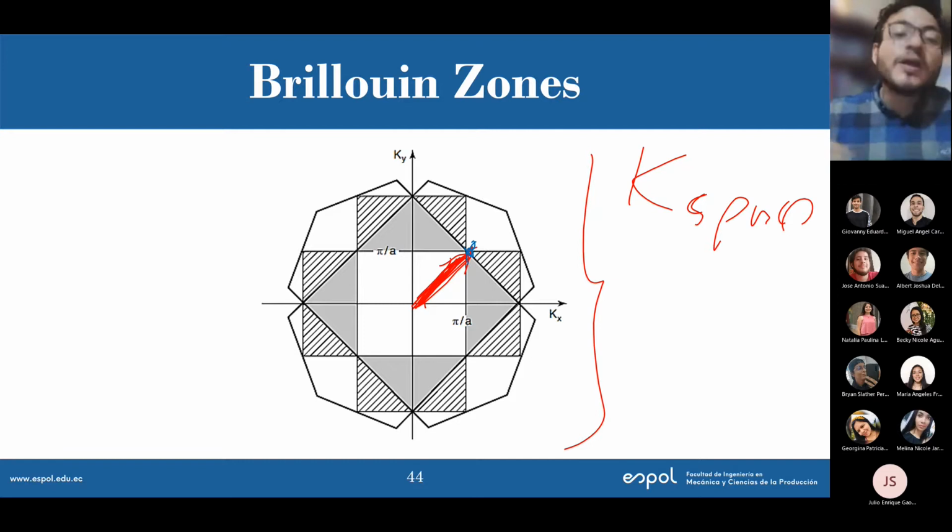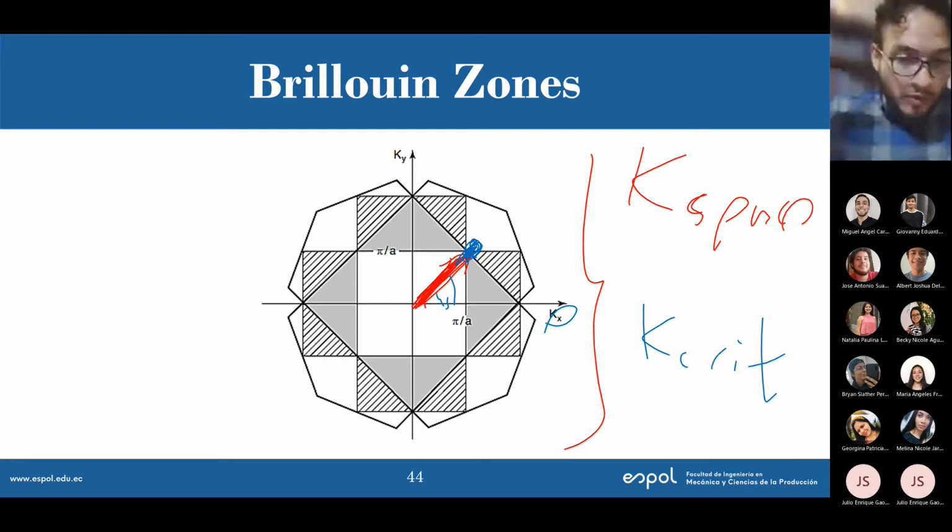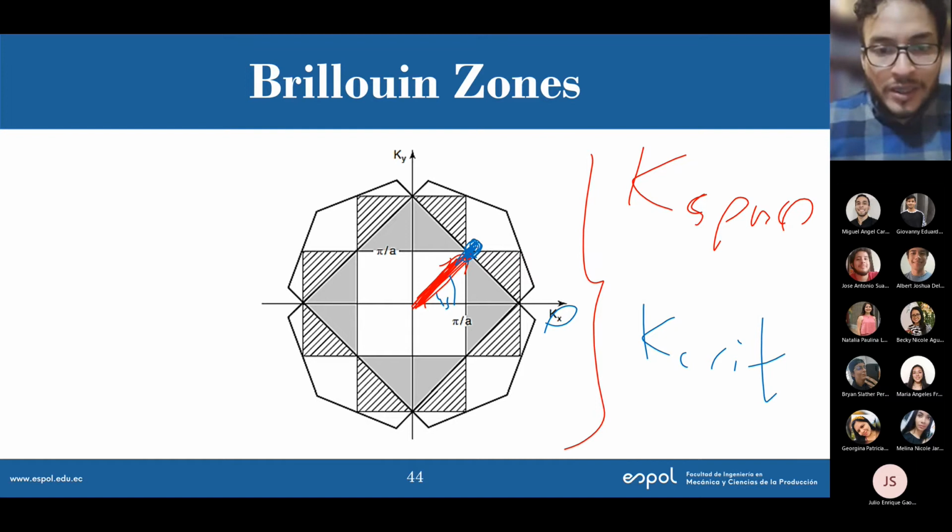Because we said that it's moving at 45 degrees to the kx axis. So it's moving there, right? So the point right here, up to where it moves, is defined as K critical, the critical value, sort of, okay? Well, that's easy.